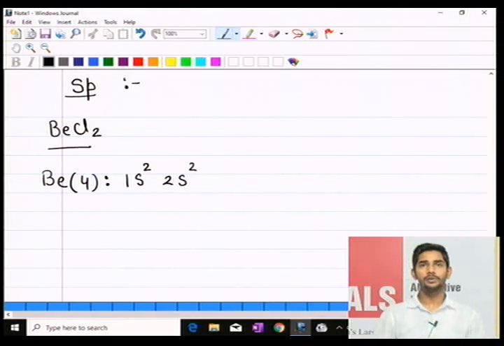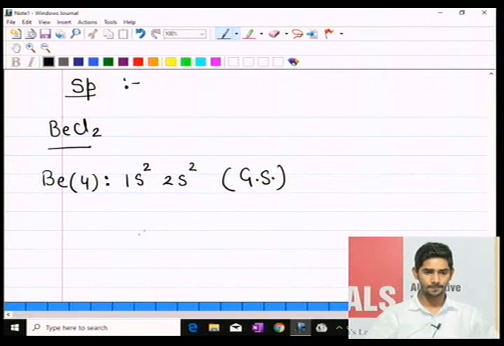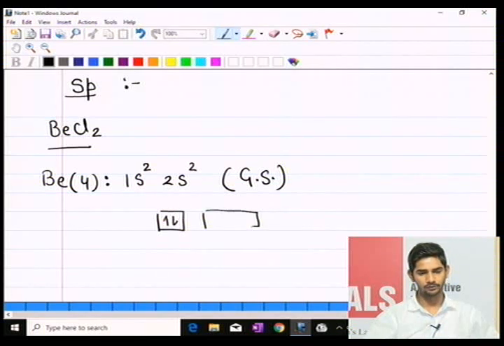Look at this. This is the ground state configuration, where I can represent it like this.